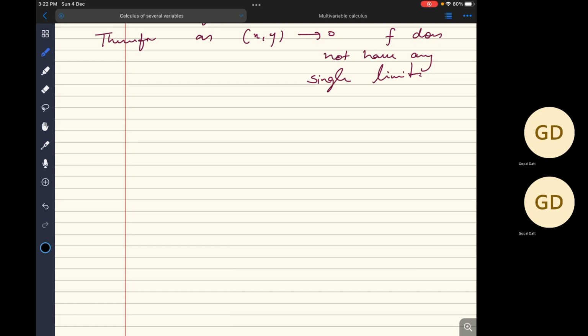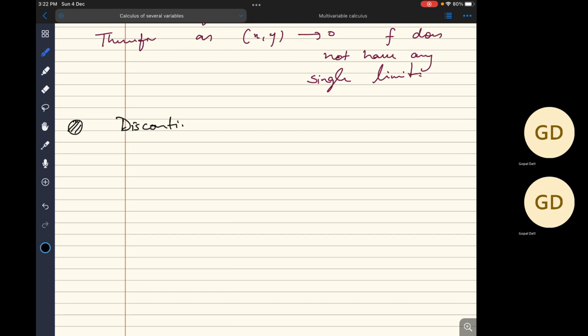To say this, let us see some more examples. What kind of discontinuities we may have? Here is another example. We can have discontinuities along a whole arc of a curve, not just at an isolated point.